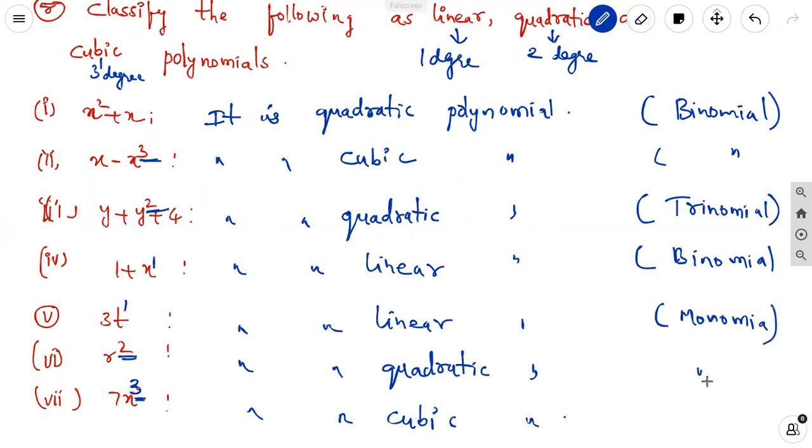The last 3 are monomials only. Okay? These are related to degrees, coefficients and terms of the polynomial expression.